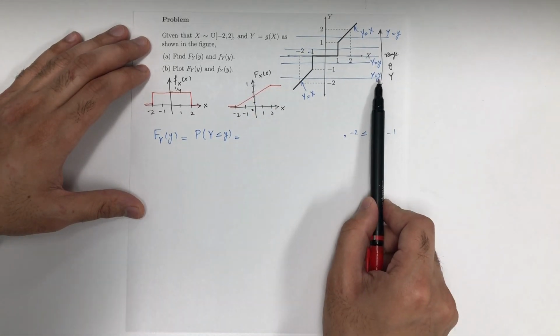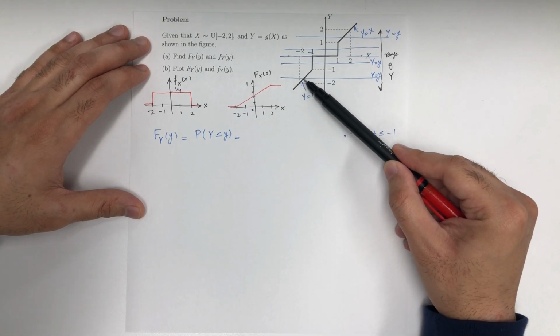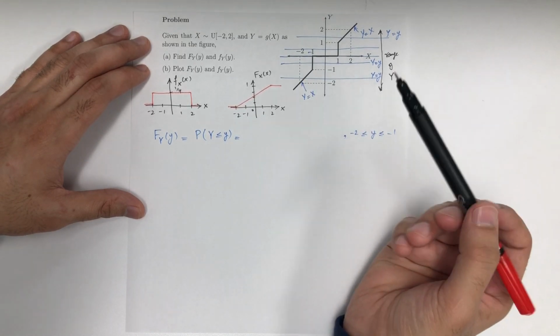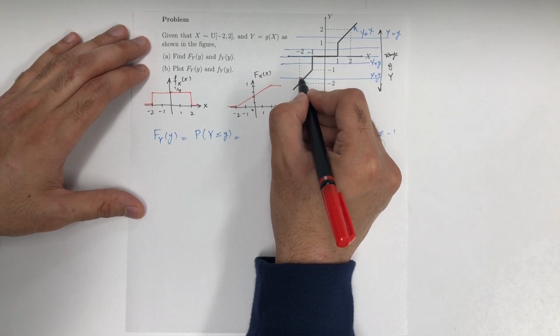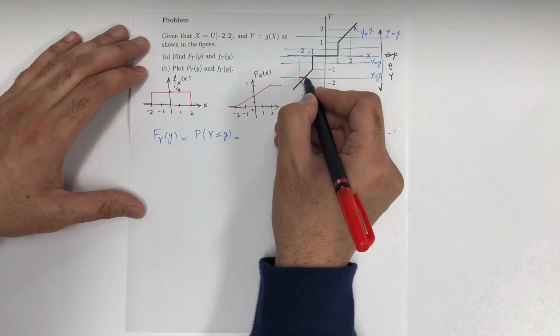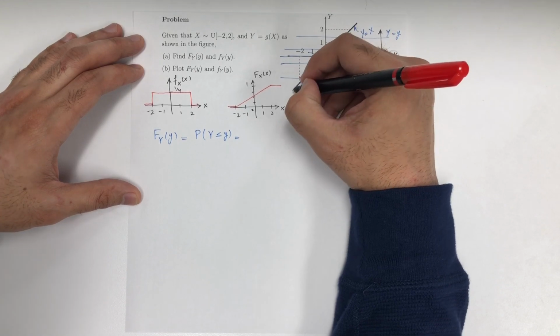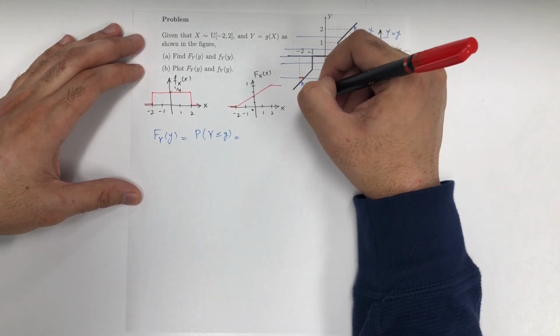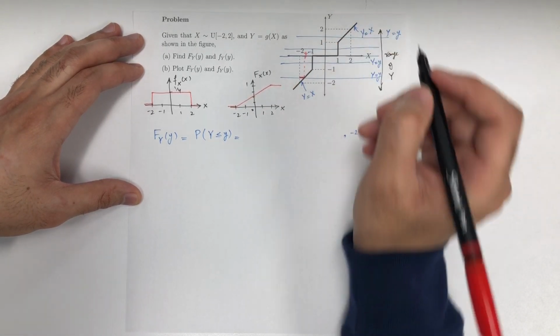In this case, the black solid line is below this line in this region, which translates to x being in this region, which means from -2 to this point here, which, because the equation of the line is y equals x, should be x equals y.